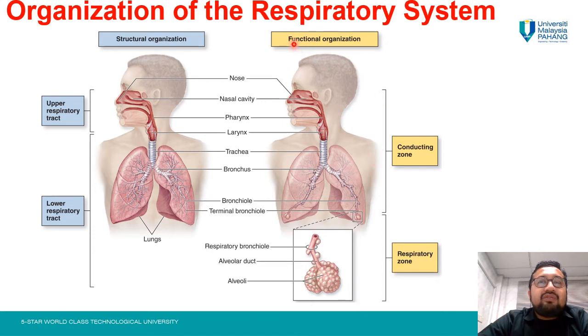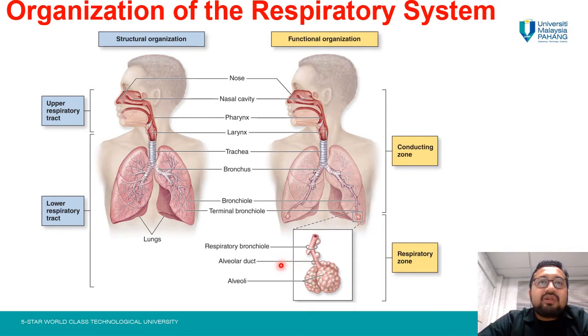In the functional organization, we have two divisions. The first is the conducting zone, where it conducts the gases, the oxygen and also the carbon dioxide going through this passage. And then you have the respiratory zone, where the exchange of gases occurs, in the terminal end of the bronchioles.